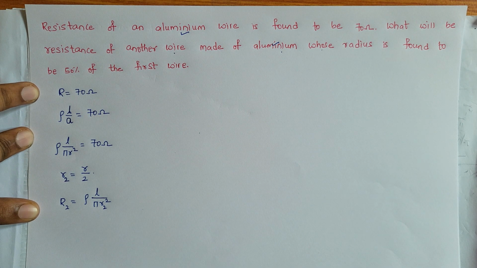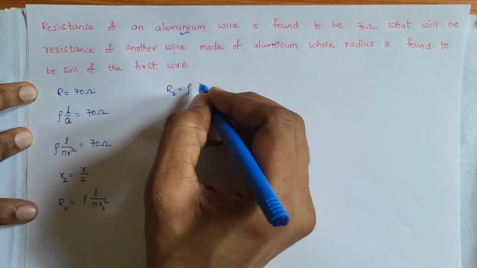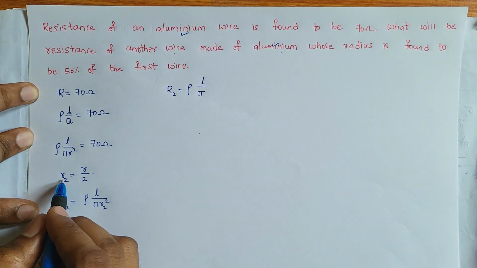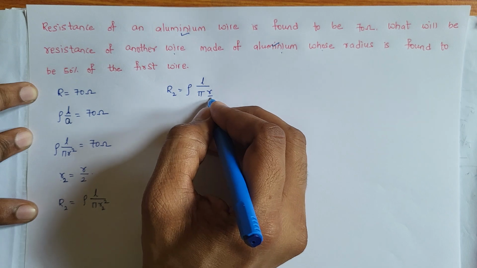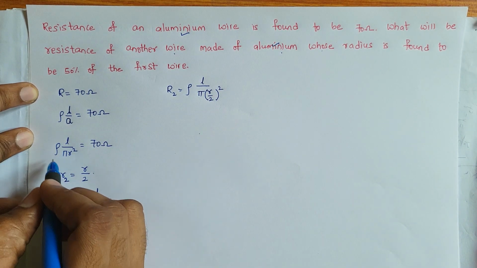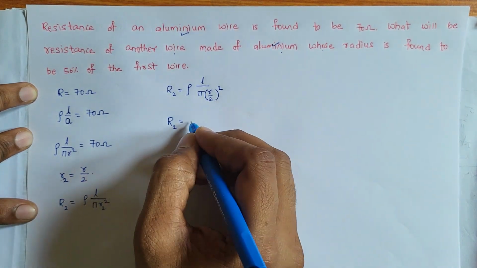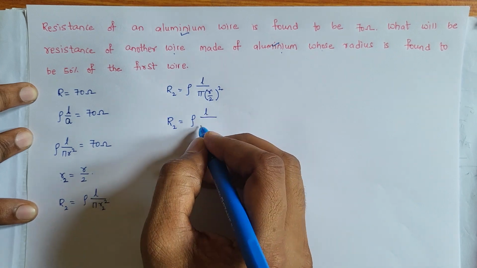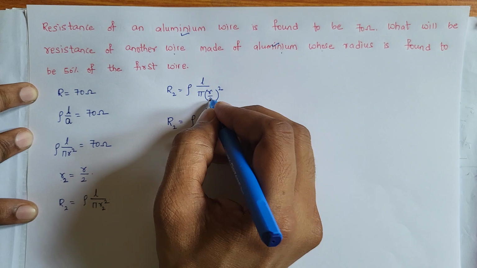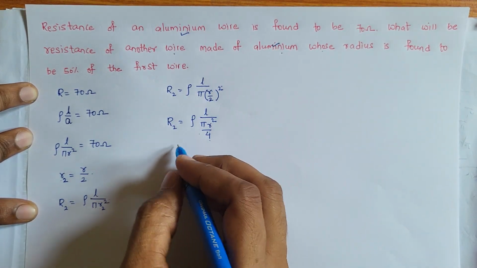Okay, so now we can write it as R2 is equal to rho L divided by pi into r2 square. r2 is r divided by 2, r divided by 2 whole square. Instead of r2 I wrote r by 2 whole square. So R2 is equal to rho L divided by pi into r square divided by 4. 2 square is 4. r by 2 whole square means r square divided by 4.